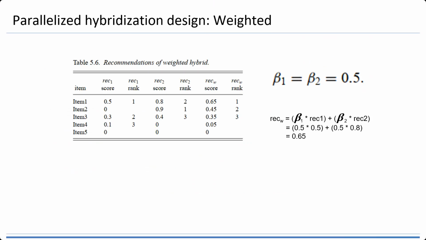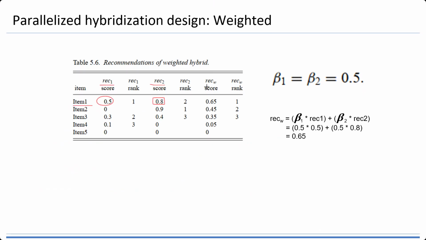Now, this is another example. Oh, sorry. I think this is the same as the previous one. So we have the score 0.5 for item 1 from recommender 1, and we have the score 0.8 for item 1 from recommender 2.